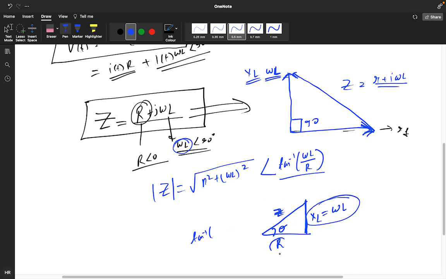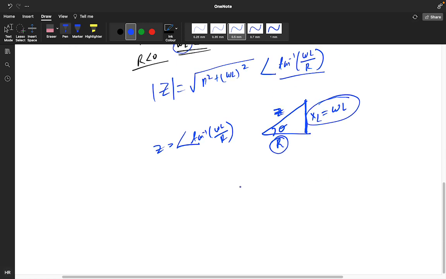Perpendicular is this and base is this. So tan inverse omega L by R is the angle of Z. Now you understood the concept.